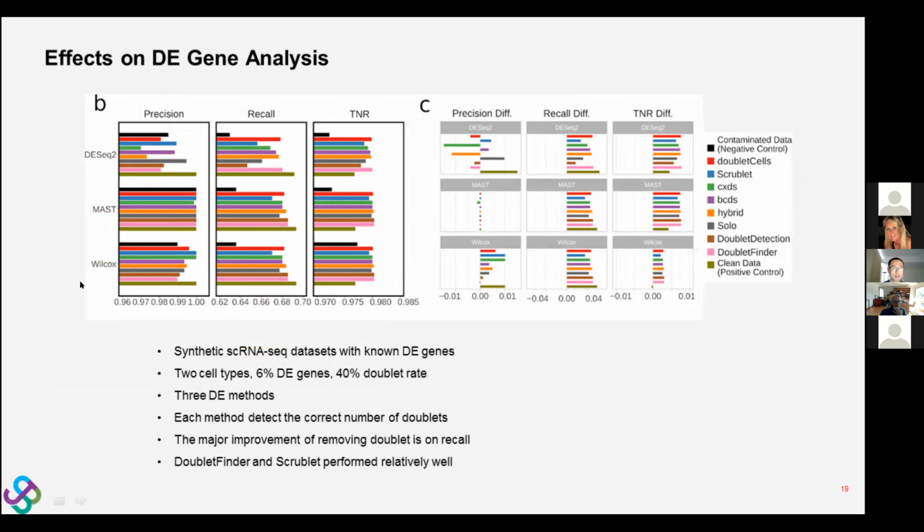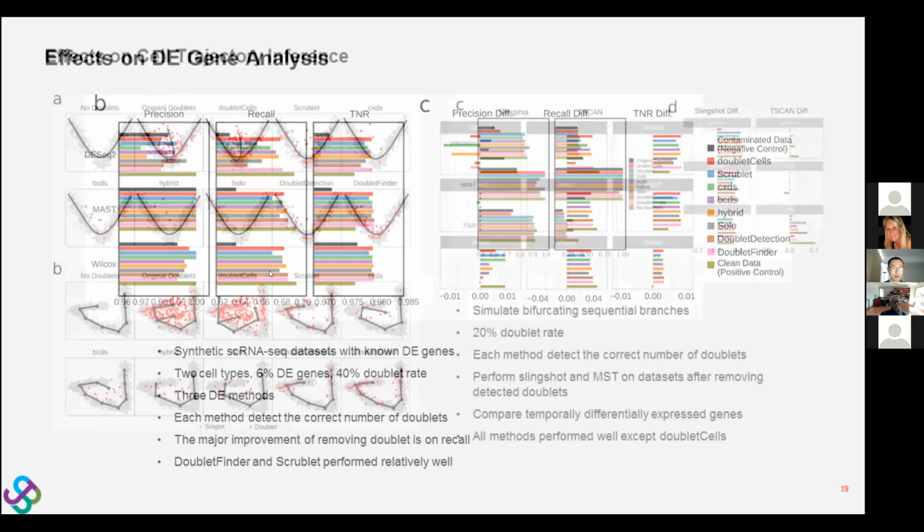It turns out that the negative impact of doublets on DE analysis is not as significant as in the previous analysis, and the main effect is on recall. And still, DoubletFinder and doublet detection have better performance in this benchmark.